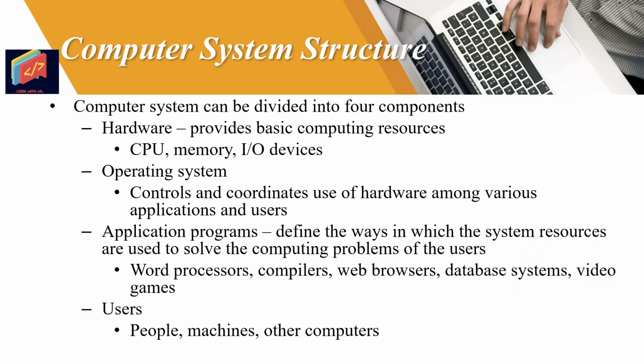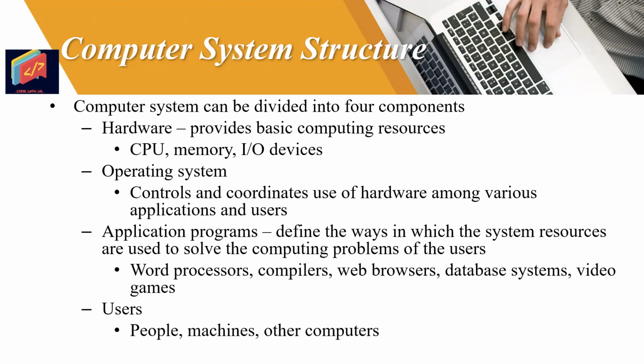For example, anything which we can touch or use, like the CPU, the central processing unit, memory, and IO devices, like input and output devices such as mouse and pen drive, these are the hardware devices. And coming to the operating system, it controls and coordinates the use of hardware among various applications and users.